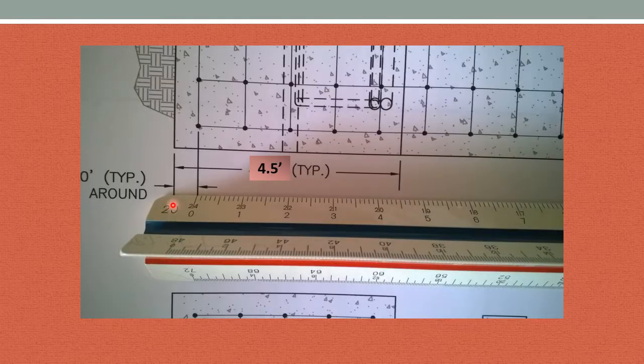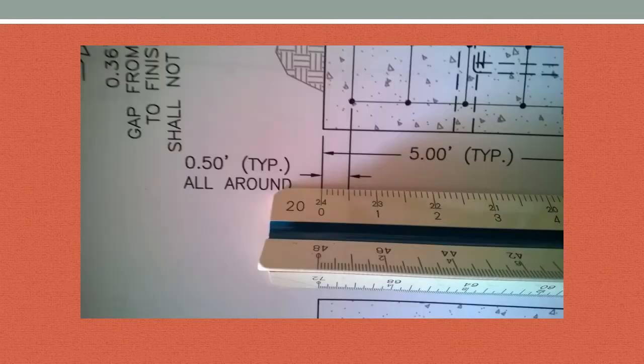So when I measure it using a 20 scale, in this case I don't have to worry about the 0, I measure 1, 2, 3, 4.5 feet. No calculating is necessary. And again, here's my half foot already measured.